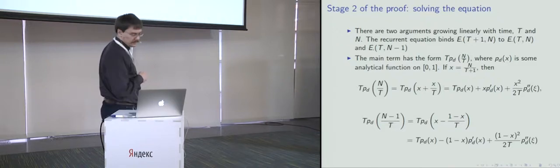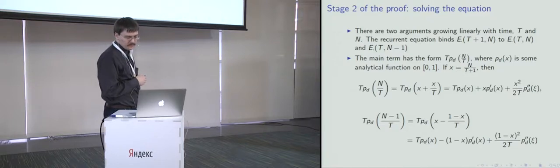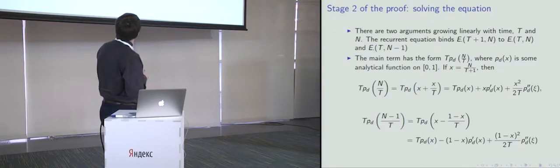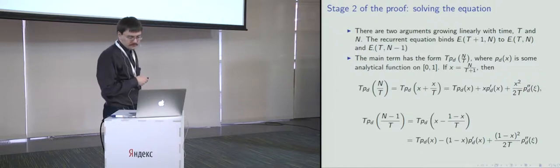To do this, we use this representation. So the main term t p_d at x, in fact, cancels out. After that, what remains are the main terms that give values determining the function p_d, and what is 1 over t is a remainder term.